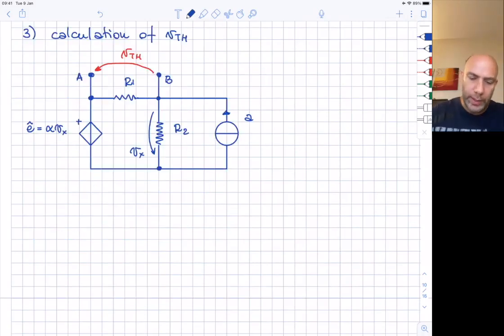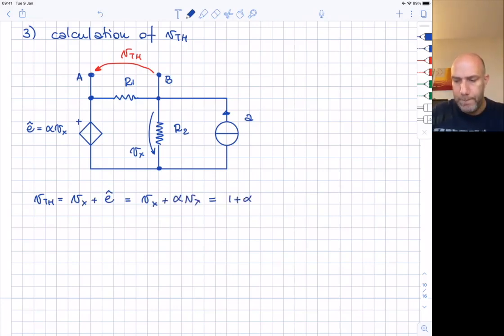So that we can easily write VTH as Vx plus E, or Vx plus alpha Vx, or 1 plus alpha Vx.